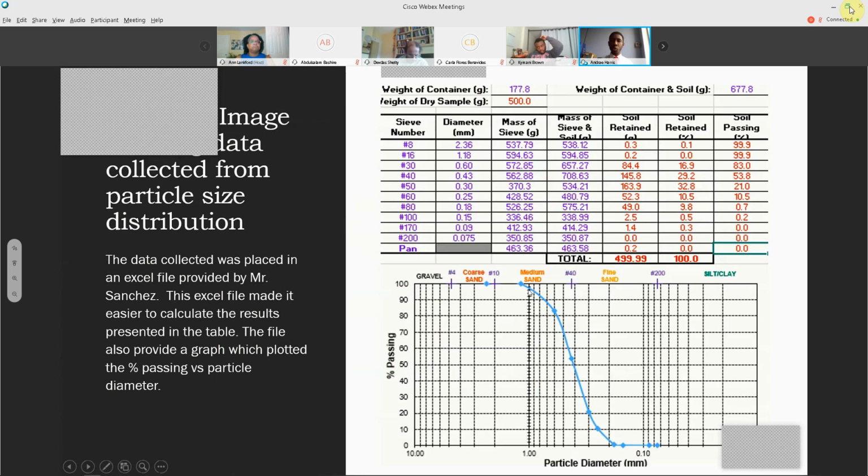As we continue to increase in sieve number size, we can see where less and less percentage of soil was passing through each sieve. Now, I want to thank Mr. Sanchez for the file. The data was collected and placed into an Excel file, and this Excel file calculated most of the data that you're seeing in red.